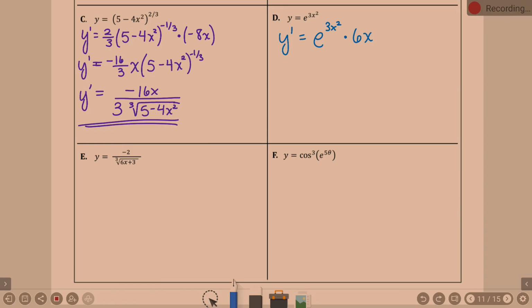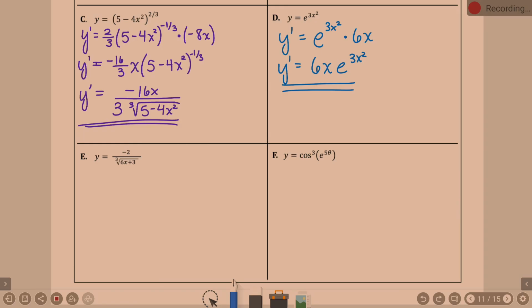That's how my brain talks through it. Now, is that how I'm going to write my final answer? Probably not. I'm probably going to flip them and say that this is 6x e to the 3x squared. Okay? So now how they wrote it is probably more how we traditionally write it. Again, varies from problem to problem, but okay, good.